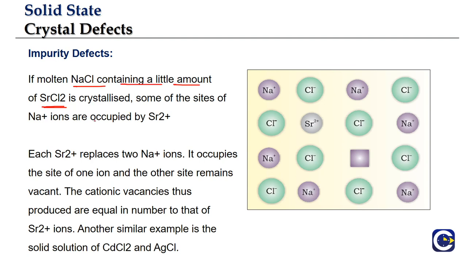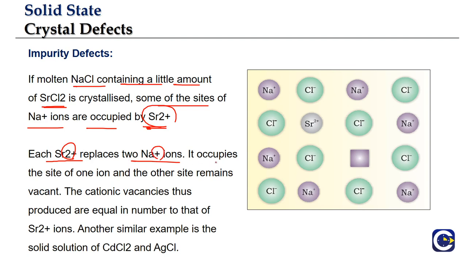Now what happens is, some of the sites of Na plus will be taken by the strontium ions. The problem here is each strontium would seem able to replace 2 Na plus ions because of the divalency. Strontium is 2 plus, right? Na is only +1. So each strontium can replace 2 Na plus ions.